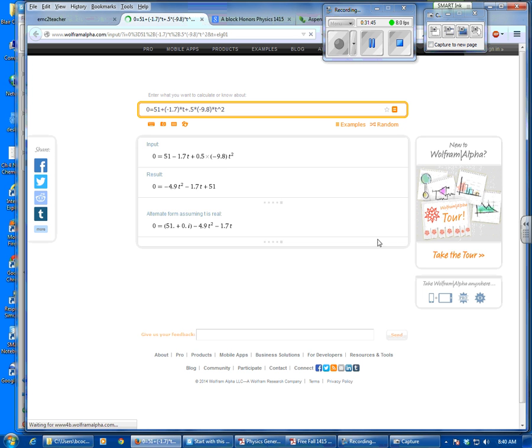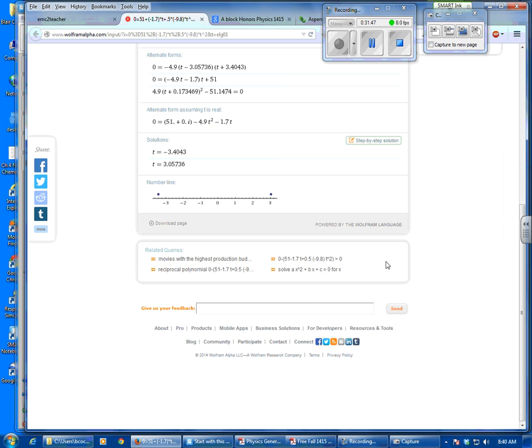And just a little bit of thinking, and it tells me my two roots. My two solutions are negative 3.4 and 3.057. Which one do you think is the correct one? Negative time or positive time? Positive time.